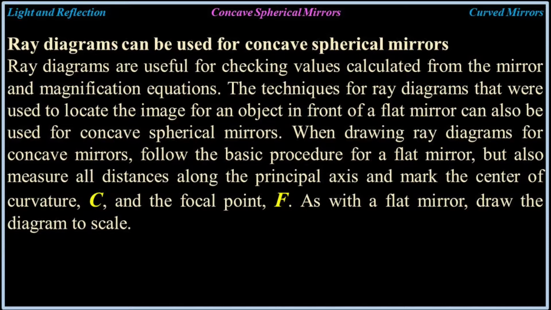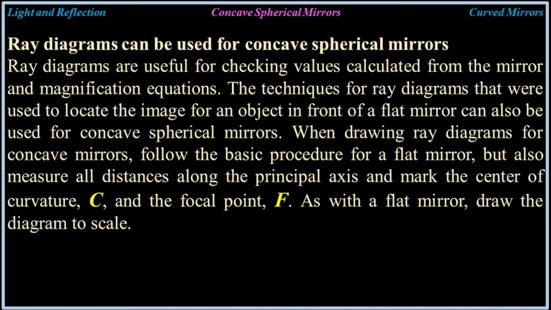Ray diagrams can be used for concave spherical mirrors. Ray diagrams are useful for checking values calculated from the mirror and magnification equations. The techniques for ray diagrams that were used to locate the image for an object in front of a flat mirror can also be used for concave spherical mirrors.